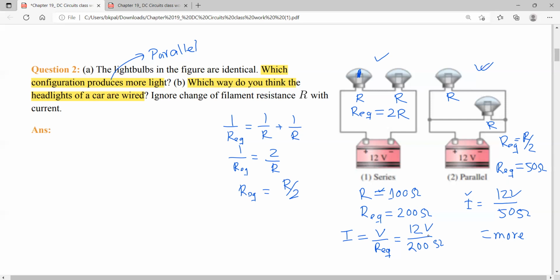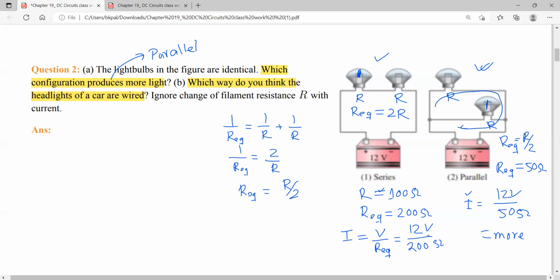One filament bulb is broken means the whole circuit is gone, right? It's not a complete circuit or complete path for the current. On the other hand, if they are connected in parallel and one filament breaks, you still see that there is a complete path for the current.